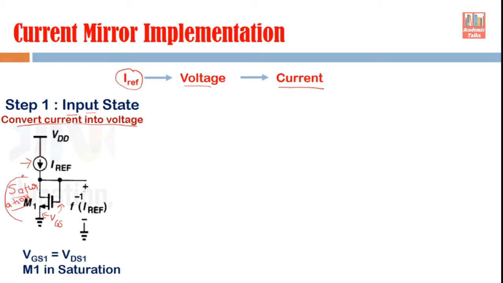So between these two terminals you have VDS1. So your VDS1 is equal to your VGS1, and remember that your device M1 is in saturation. So that way the first step is complete: from the reference current you can produce a voltage here, that is your input stage.